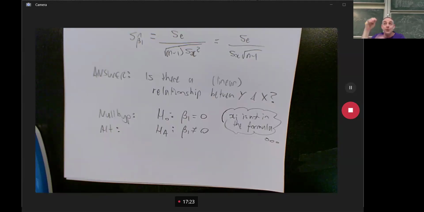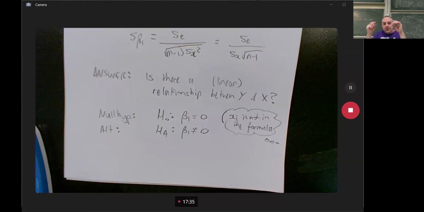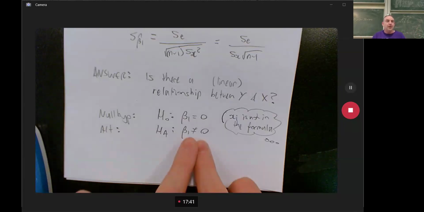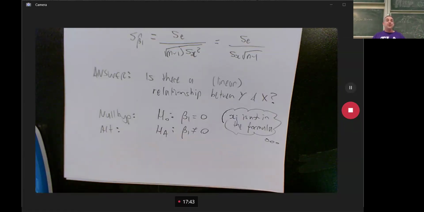They still did an example with it being one-sided. There's one-sided ones for other things, but in the regression section, regression is almost always two-sided, which is the not equal, because there's two ways to not be equal. There's the positive side and the negative side.